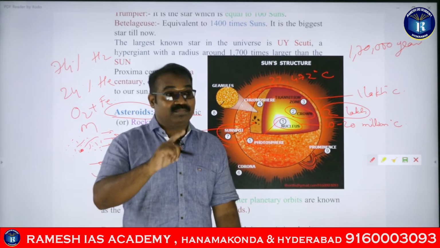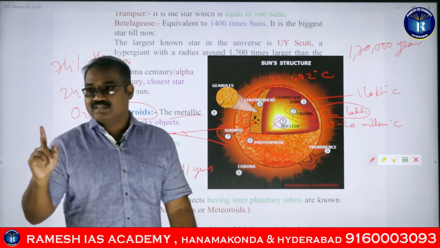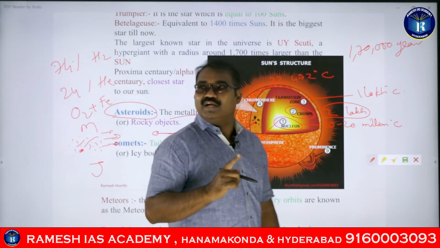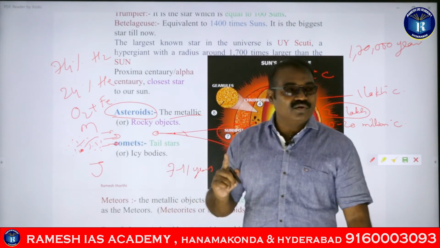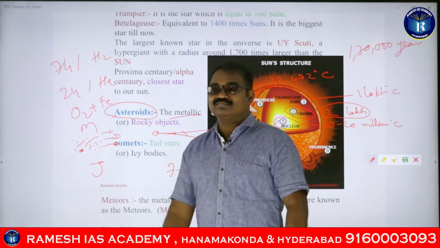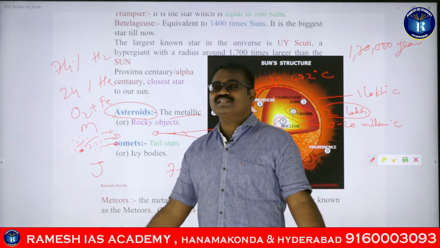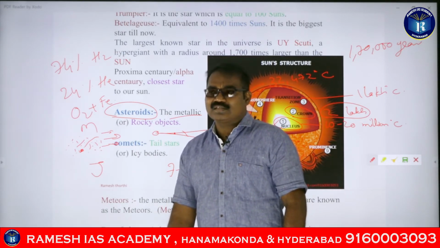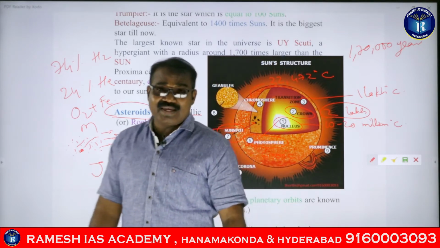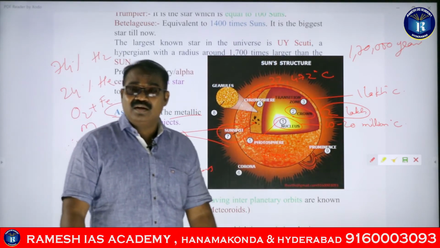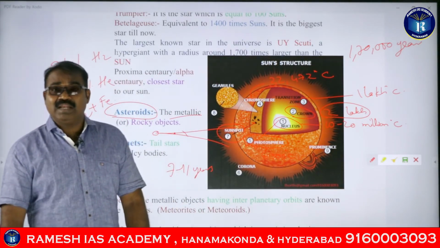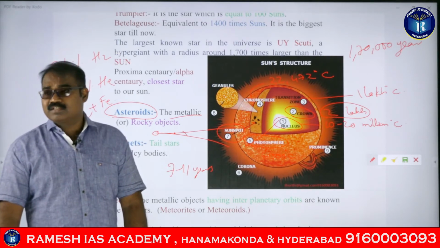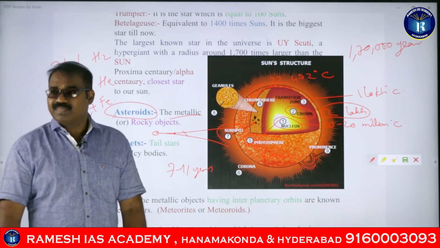Within the solar system, astronomical units, right. One astronomical unit is equivalent to the distance between the Earth and the Sun, and that is nearly 150 million kilometers, guys. So, one astronomical unit is nothing but 150 million kilometers.